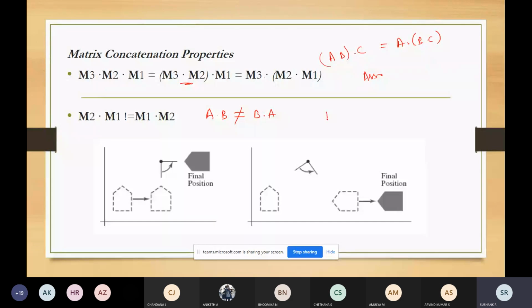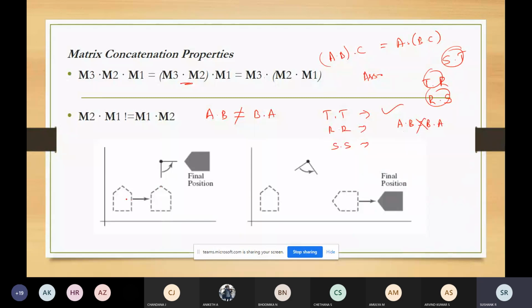When translation is present, A into B will be the same as B into A. When rotation is there, A into B will be the same as B into A. When scaling is there, A into B will be the same as B into A. But when two different operations are there, such as translation followed by rotation, or scaling followed by translation, the matrices will not be commutative.